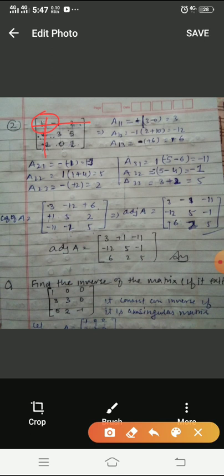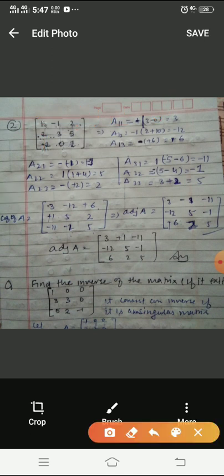One more important thing you have to remember is that before this we have to multiply by minus 1 to the power i plus j. So what is i and j in this case? We are finding the first row and first column element, so the position is a11. So 1 plus 1 is 2, and minus 1 to the power 2 is 1. Clear?